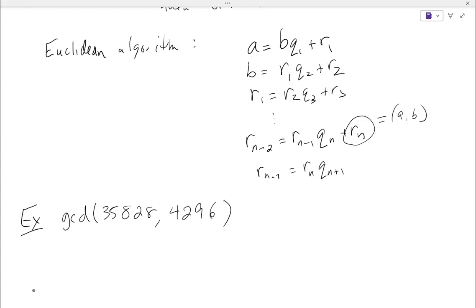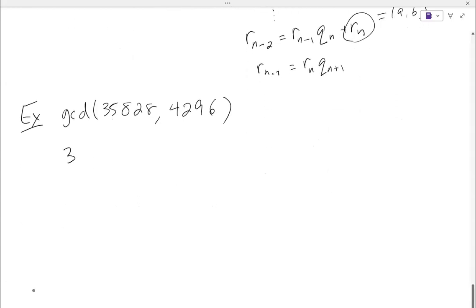Okay. In this one, I take the 35,828 and find a quotient and remainder. Since I don't have a calculator up easily, if I divide 35,828 by 4,296, we get 8 times 4,296 plus 1,460. I'm assuming you can divide and find remainders.